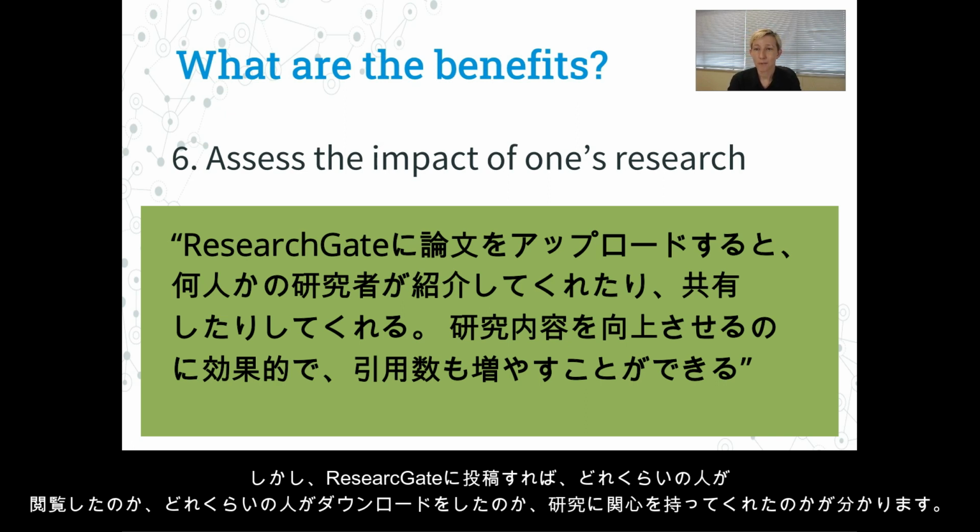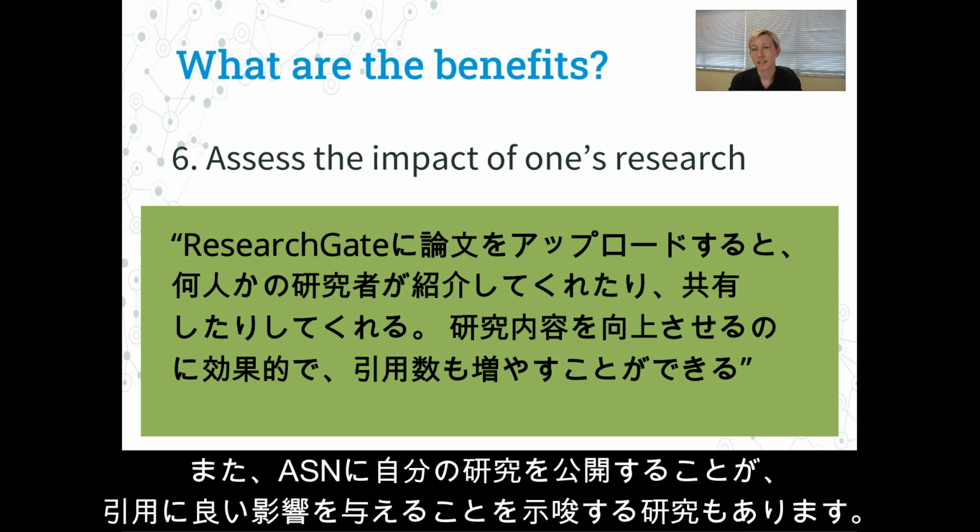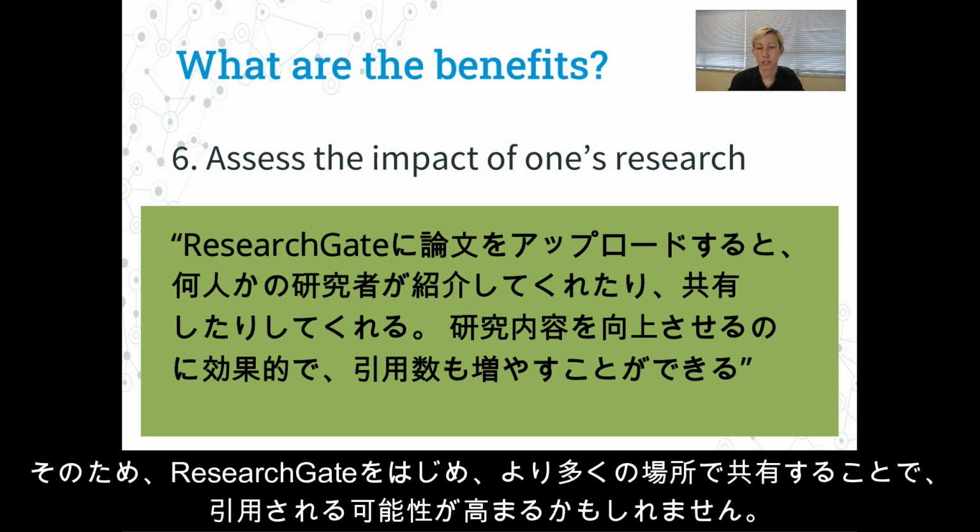And there is some research to suggest that publicly posting our research on academic social networks can have a positive impact on citations. So perhaps by sharing it in more places, ResearchGate being just one possibility, the chance of getting cited will also increase.